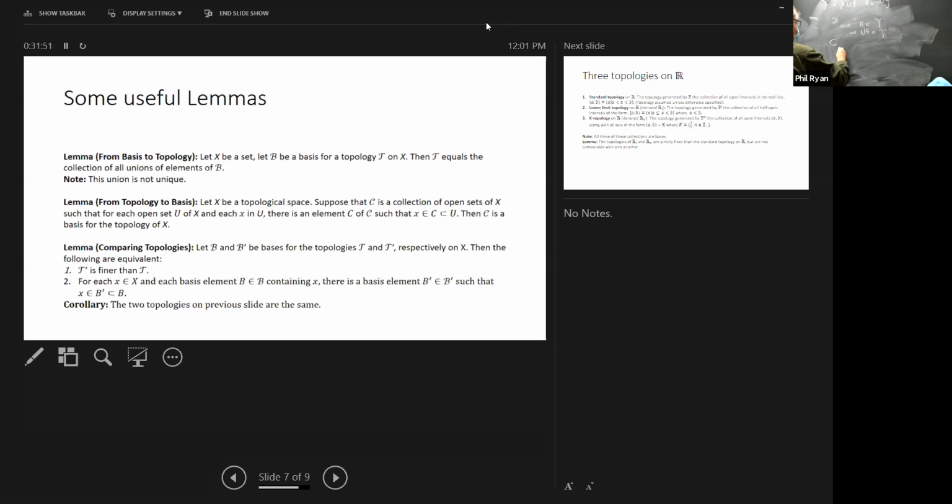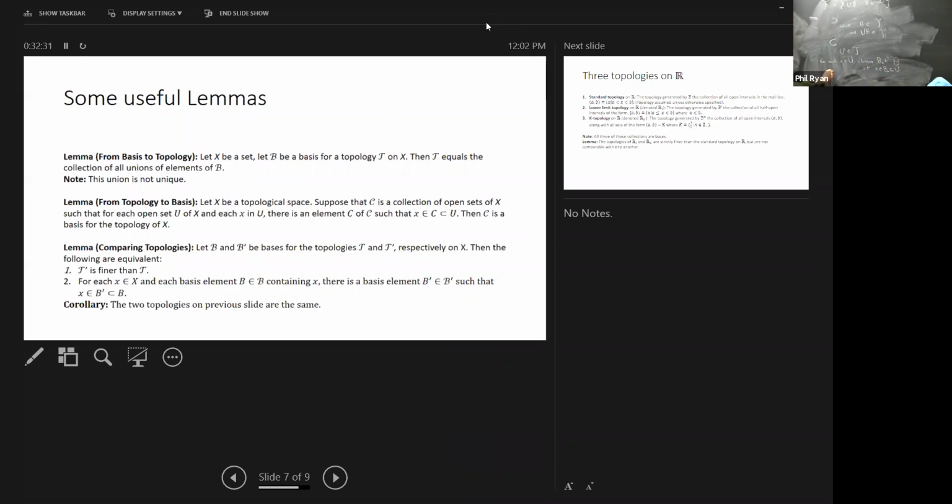So let's say we have some open set U. For each element x in our open set, we can choose a basis element such that x is contained within that basis element, and that's contained within U. That's by definition.